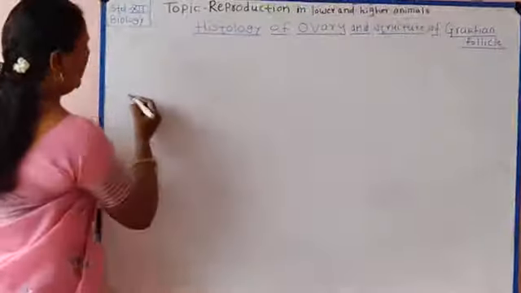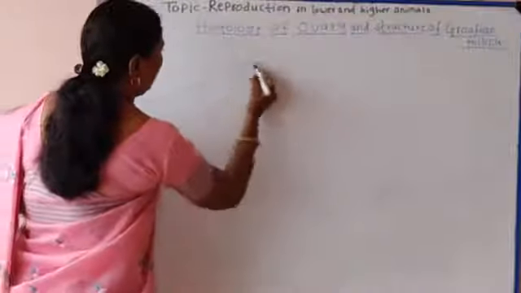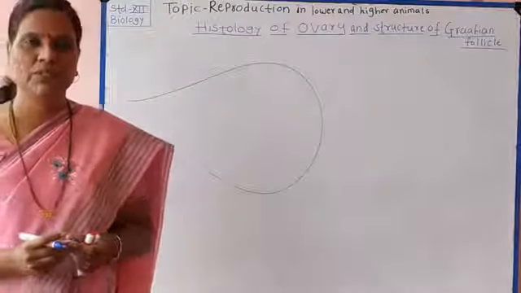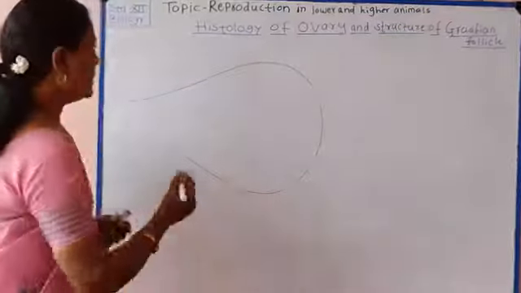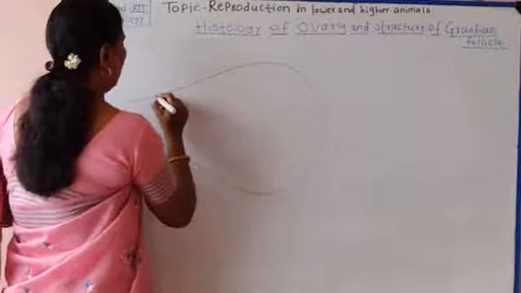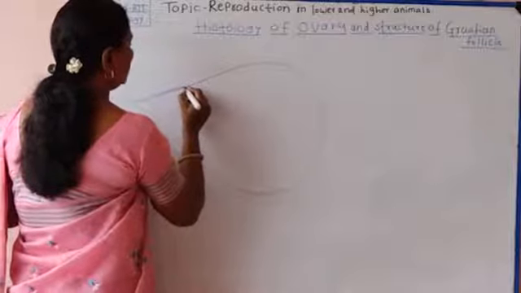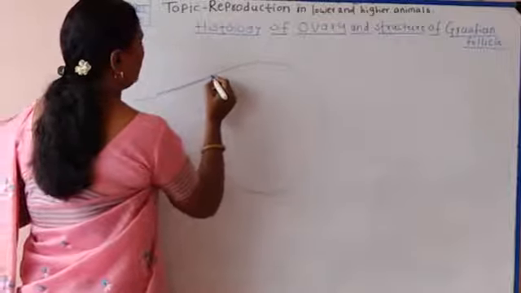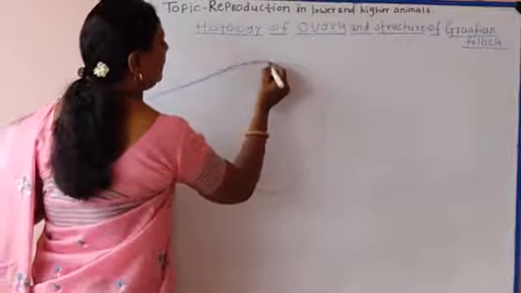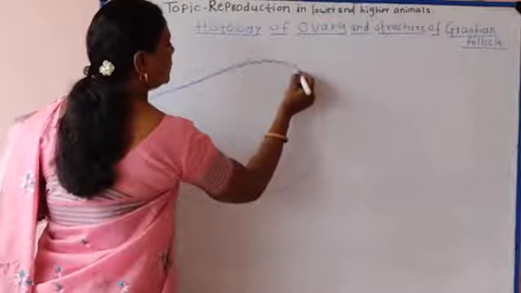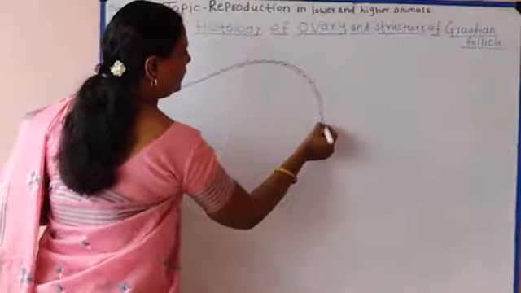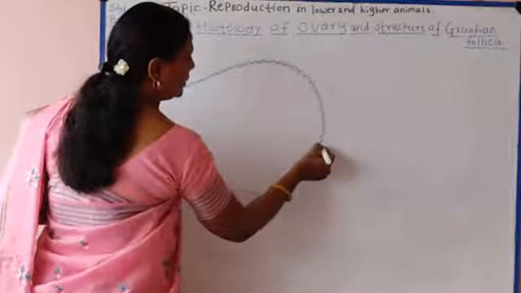Now first I will draw here the diagram of ovary. You know, ovary is the almond shaped structure. In TS, first it shows the single layer of germinal epithelium, the outermost layer. So first we will draw the diagram and then one by one we will study the structures.